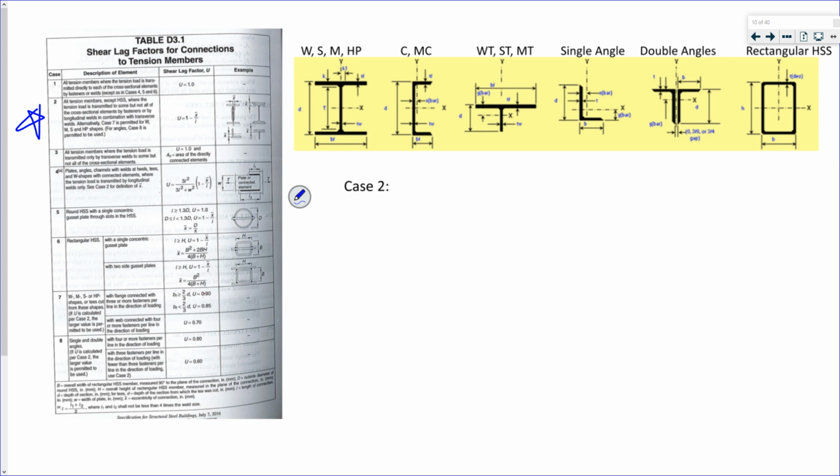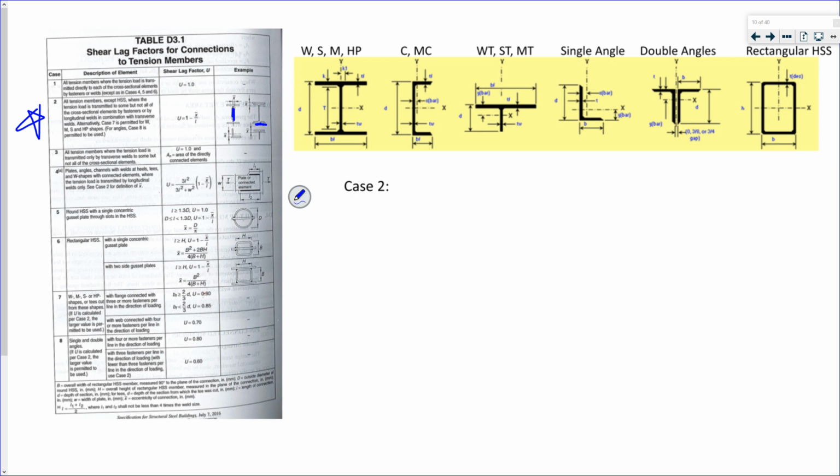So we're looking at case 2. I want to show you what case 2 looks like. You can look at the little pictures. That's what is always helpful. There's little examples. So we have, if only the web of an I-beam is connected, maybe, right?